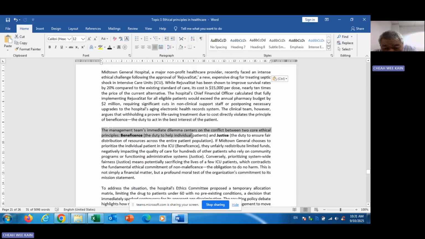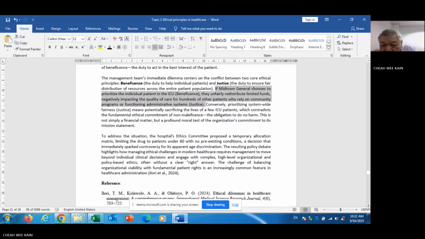Beneficence, the duty to help individual patients, and justice, the duty to ensure fair distribution of resources. They have a limit of only 2 million. So what should we do? If Midtown chooses to prioritize individual patients, they will unfairly distribute limited funds, negatively impacting the quality of life for hundreds of other patients who rely on community programs or whatever service, justice service.